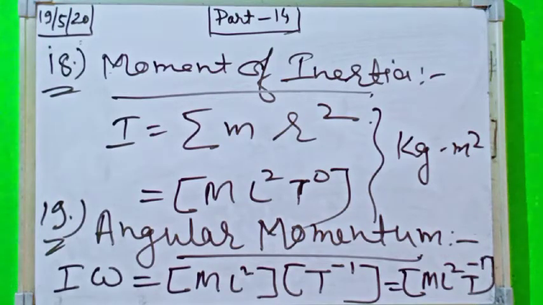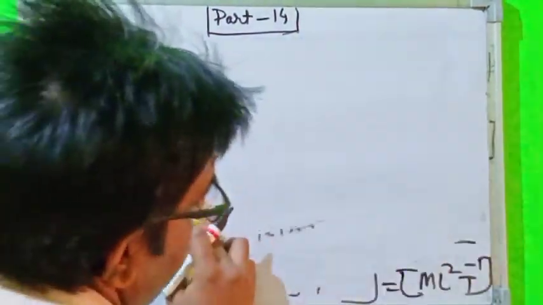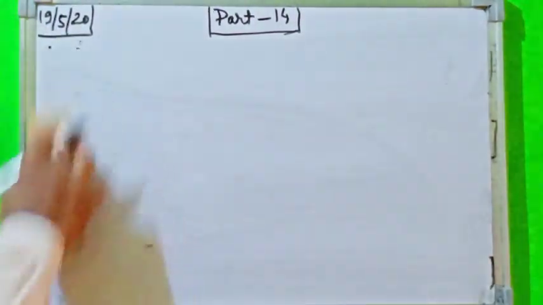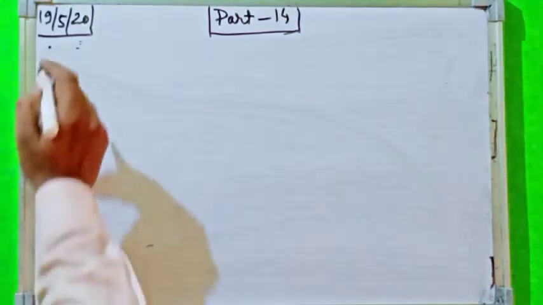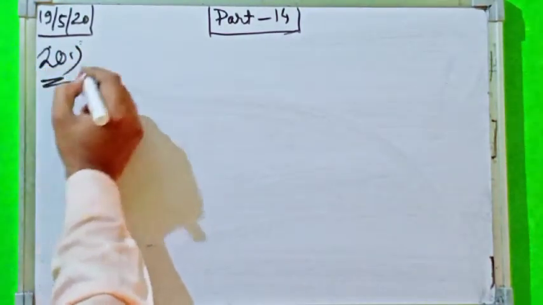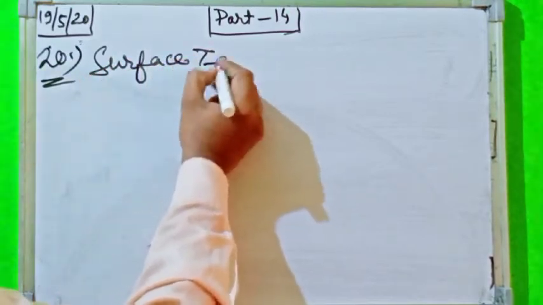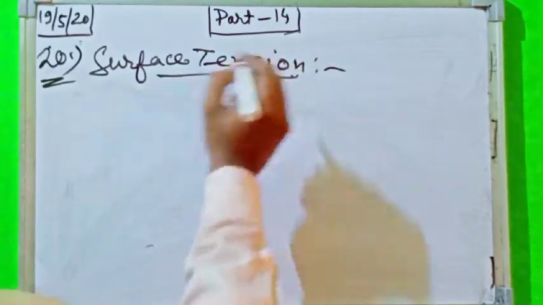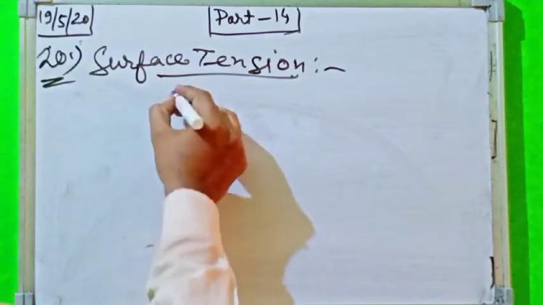Now, surface tension. Surface tension is defined as force per unit length.